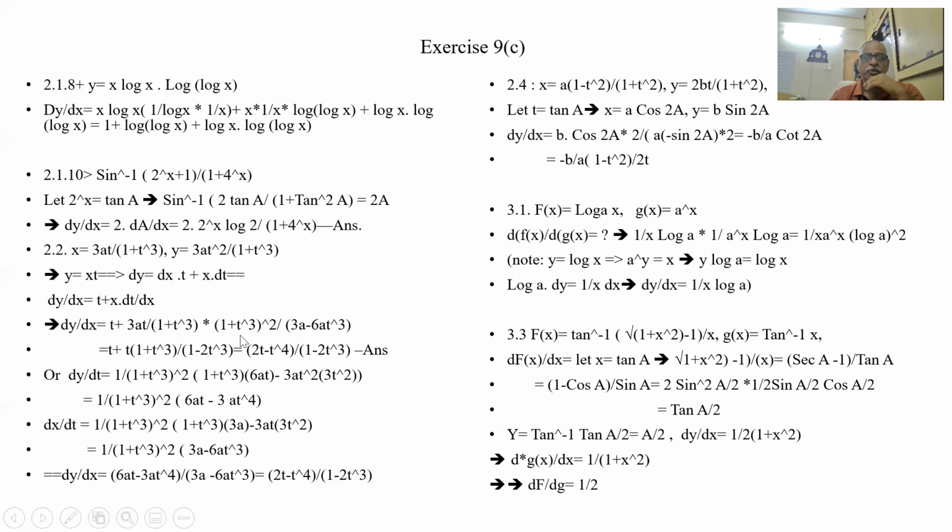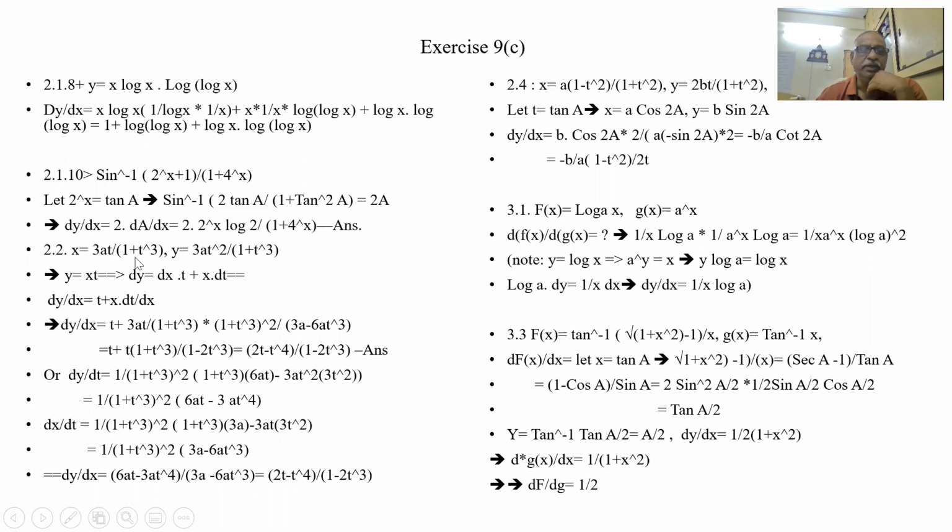1 plus t cube whole square by 3a minus 6at cube. See, what is dt by dx? If you see here, x is equal to this. So dx is equal to 3at by 1 plus t cubed differentiation.